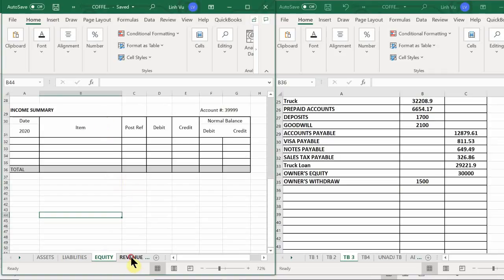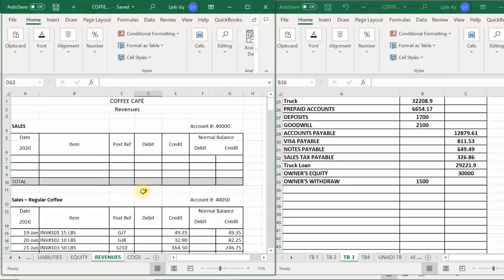Now we have to list every single revenue that we encountered. This is a long list. Start from the top. We got sales, nothing there yet, because for the main accounts, we usually sum up all your totals at the end of the period and put that information there.